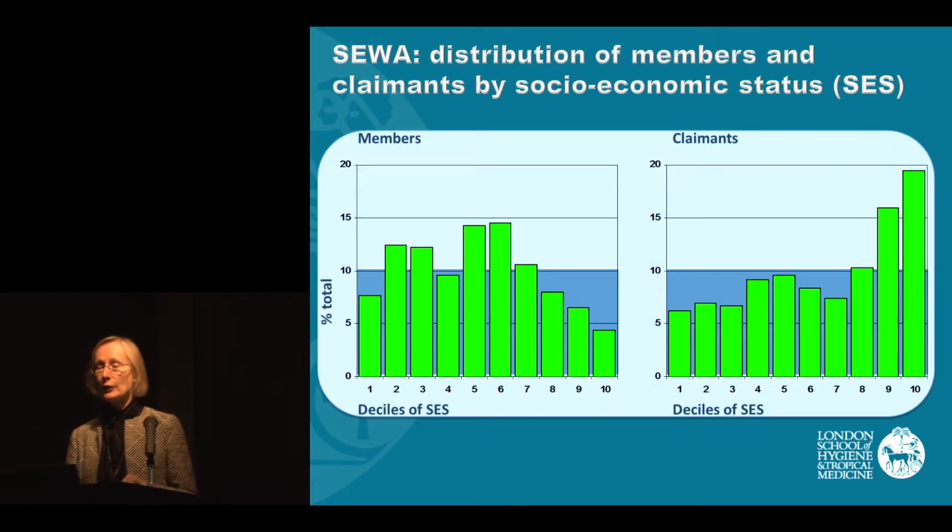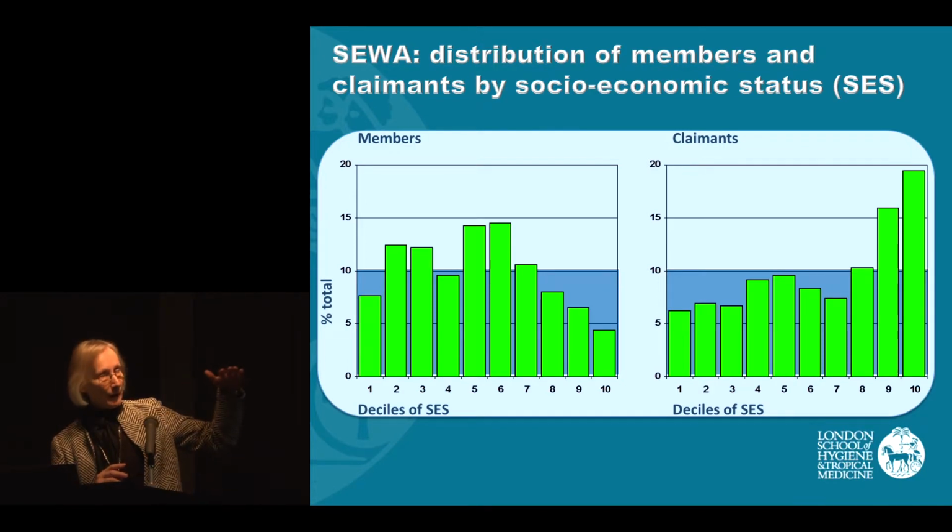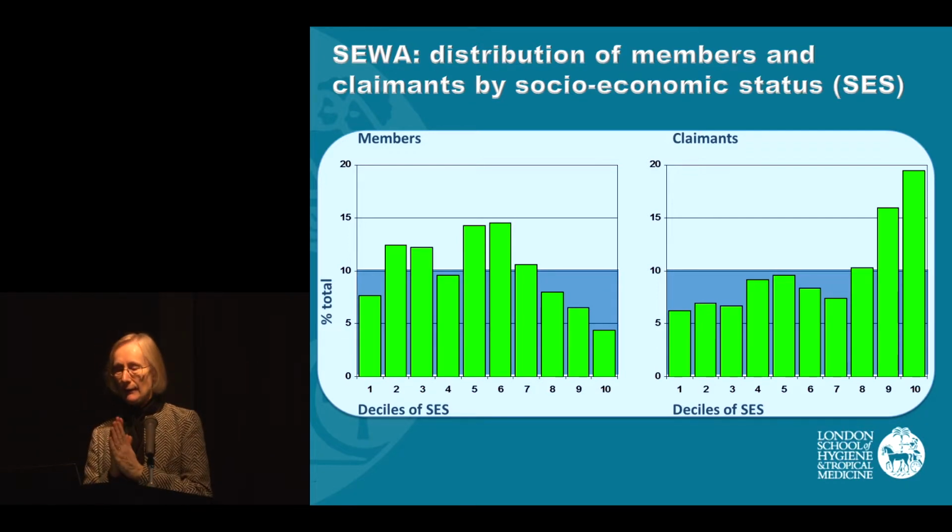This shows the distribution of members and of claimants, those who got hospital care, paid for it, and then claimed back the cost. It classifies them by deciles of socioeconomic status. The dark blue shows the population of members on the left and claimants on the right, divided into tenths in terms of their level of socioeconomic status. And the bright green bars show the distribution of members by socioeconomic status.